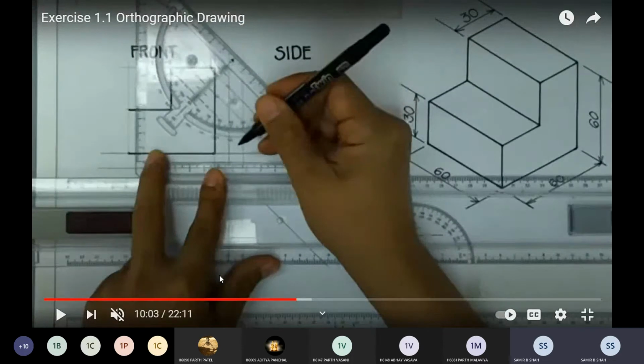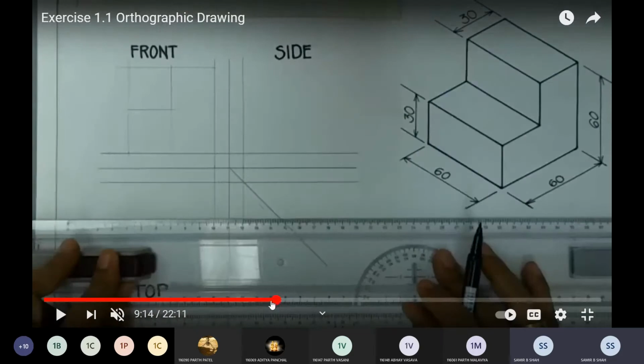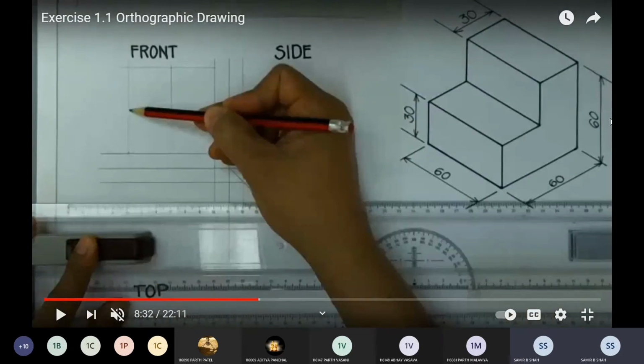Now we start with the third example of orthographic projection. As you can see here, I already provided one isometric projection for you on the right side. One step is there, right?